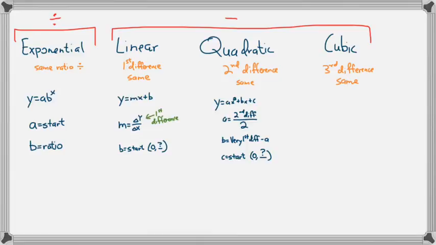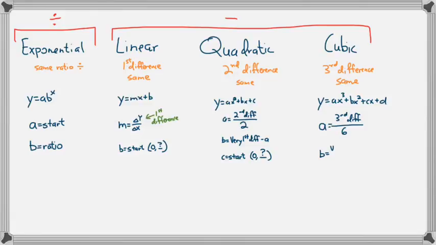Alright, and last but not least, your cubic. Your cubic is y equals ax to the third plus bx squared plus cx plus d. Okay? Where a is your third difference divided by 6. B is the awkward one.